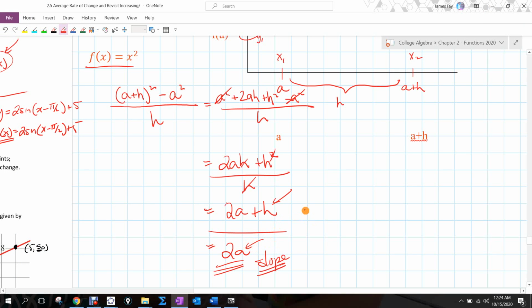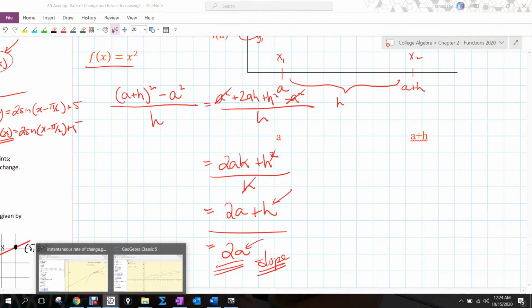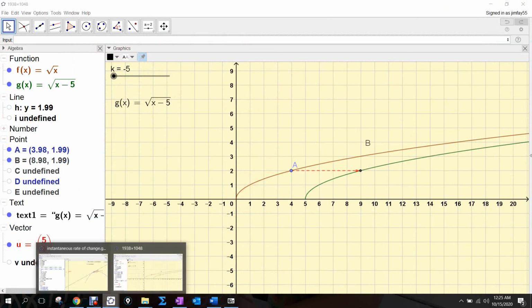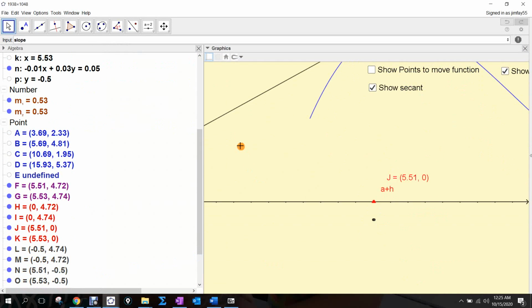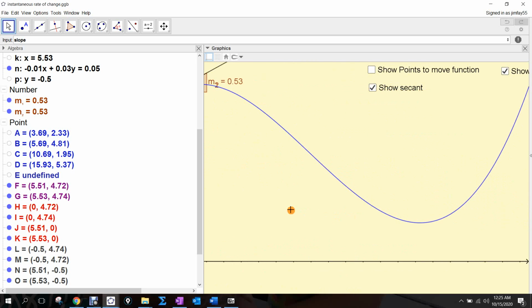When I plug that x value in, let's say x is like this point right here, it's going to give me what the slope would be right there for that blue curve. And if I want to use this x value, it would give me the slope of this curve, or the slope of that tangent line, at that x value.